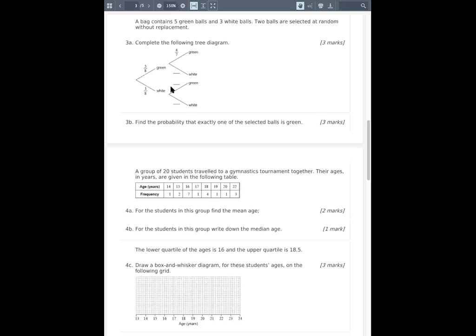Then you go down to the second branch, and since it's asking for one green, you do 3/8 times 5/7. So your final equation would be 5/8 multiplied by 3/7 plus 3/8 multiplied by 5/7.